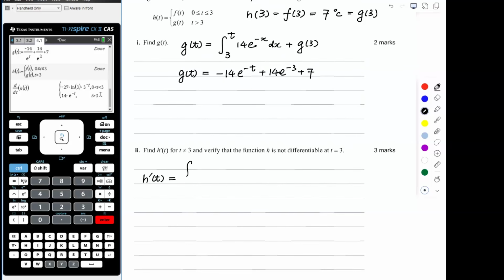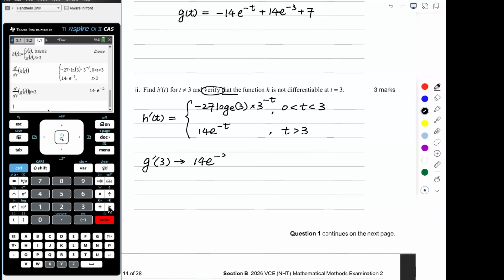Something very similar was assessed in previous years. So you have to get the correct rule and the correct domain and verify it. If you try g dash of 3, you can write it as the limit approaching some value, given that t equals 3. It gives you 14e to the minus 3.